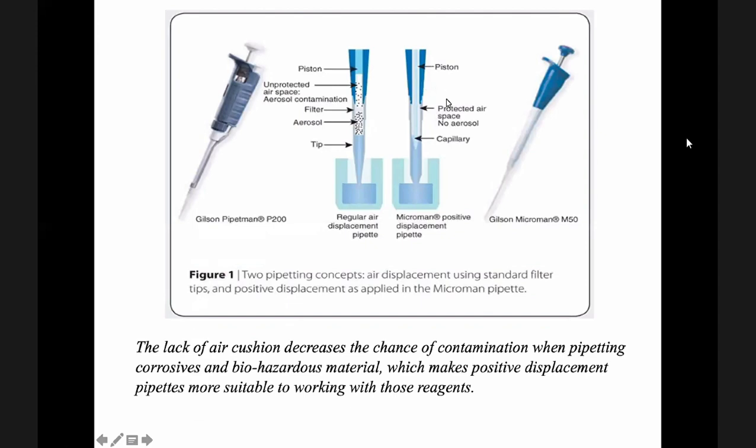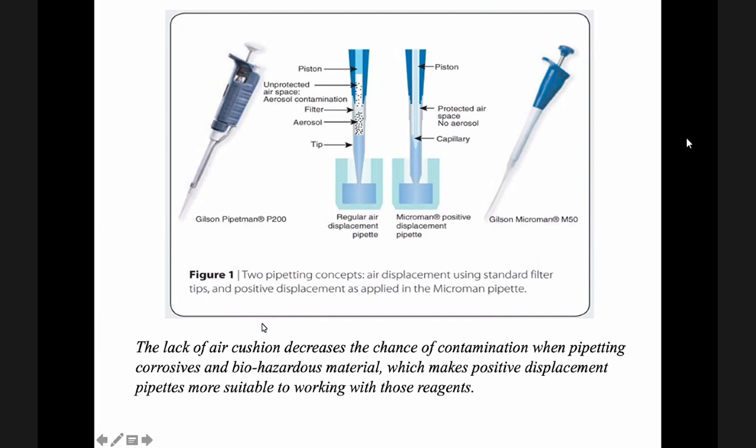As against the positive displacement pipette, instead of the aerosol, there is no aerosol, there is a protected airspace in here. And you can see it has a pointed part, which the air displacement pipette does not have. So this is the capillary.